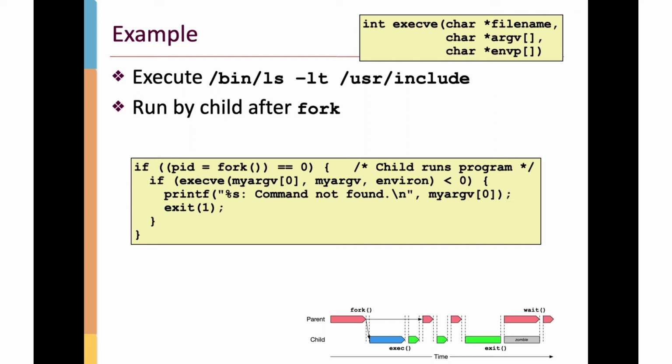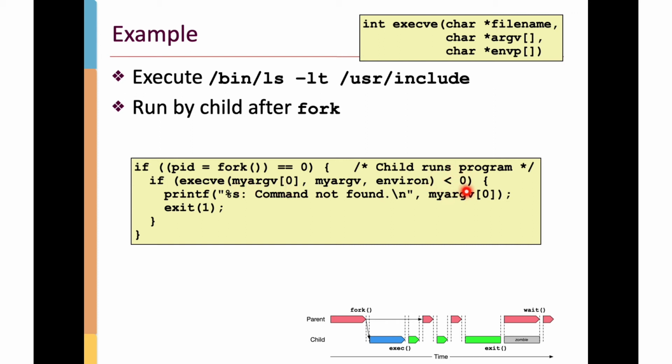Now I said before that execve is called once and never returns. That's almost always true. The issue might be that if the exec command cannot find this file, if we gave it a bogus name or something had changed on disk, it's possible for execve to actually just fail outright. So if it can't find that thing, it's going to return a value that's negative.